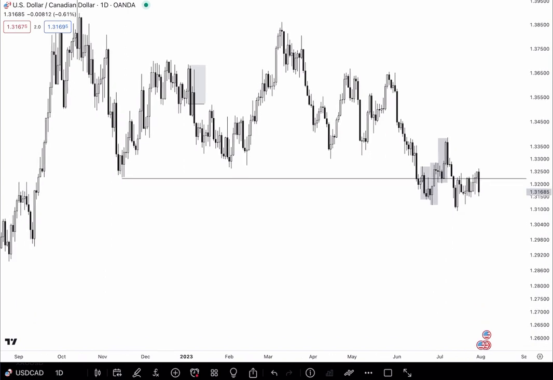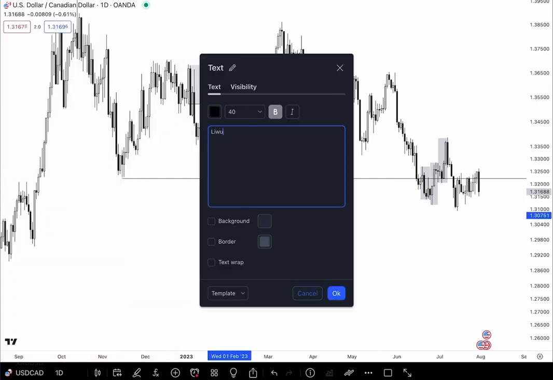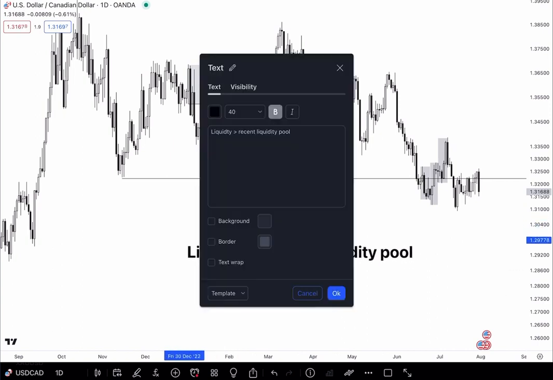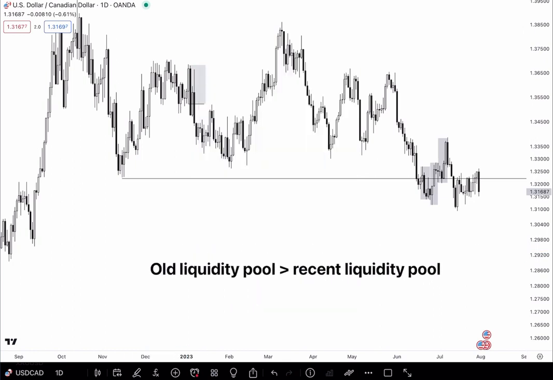One of the highest probability models you'll ever find is taking all liquidity and transferring it to a recent liquidity pool. What does that mean? Old liquidity pool to a recent liquidity pool.